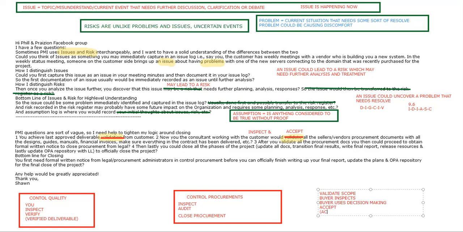And we call this an accepted deliverable. Okay, great. So think about it like that. Those are the buckets you should be thinking of.